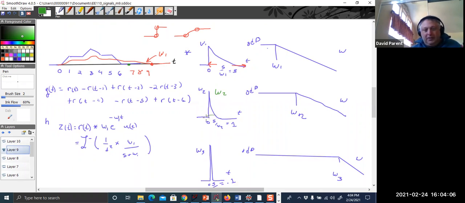So omega naught is bigger. It's allowing more AC, more higher frequencies. And so it's going to kind of follow the shape even closer, right? And understand these tips aren't drawn to scale here, all right?